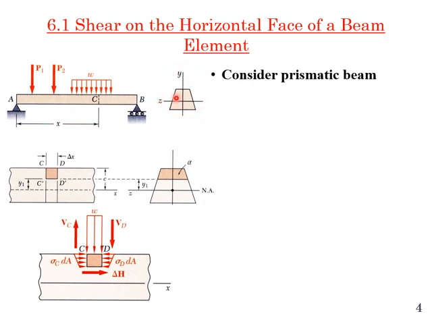Now we have the z-axis and the y-axis. Let's take a section over here and take a small element from here. We are taking a section from here, and this is the section we are looking at.